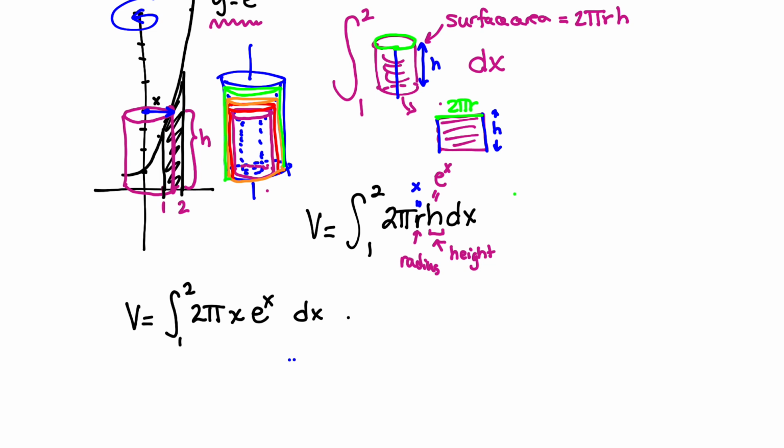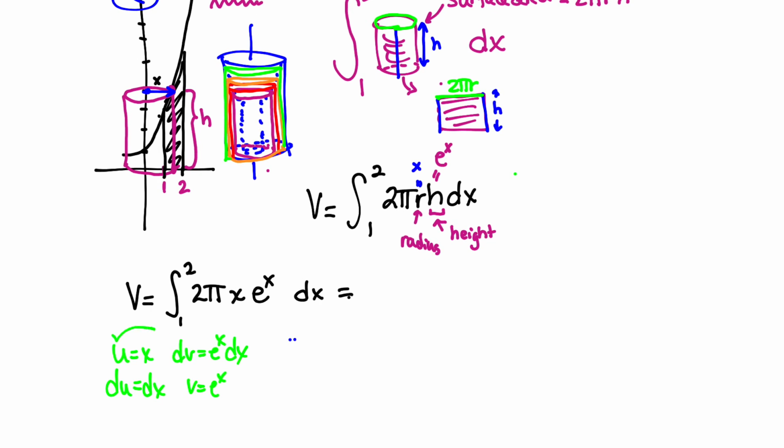You guys are using integration by parts? You're going to let u equal x and dv be e to the x dx. Then it's uv minus the integral of v du.